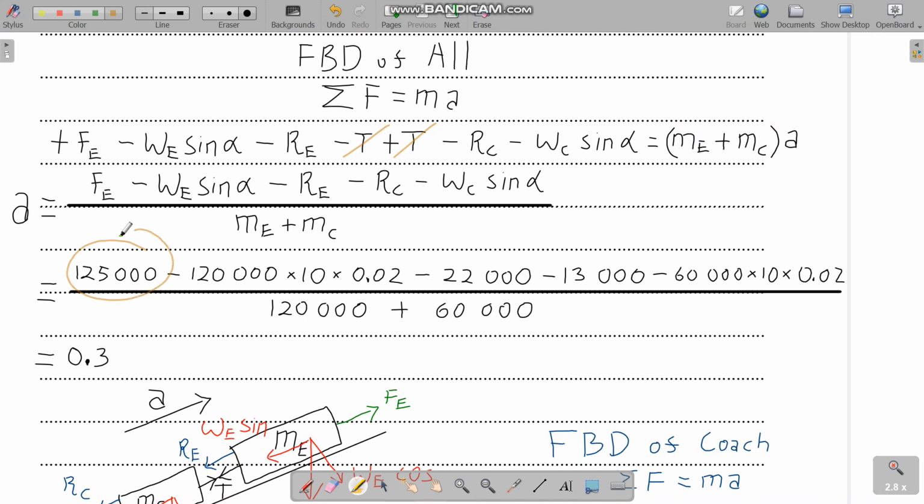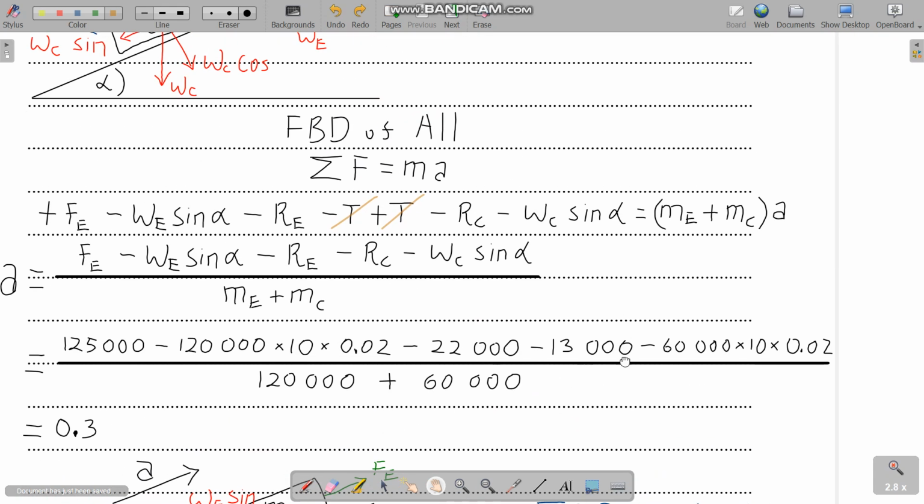The engine force, the W sine, where W is m times g, mass of the engine, gravitational acceleration, the value of sine, resistance force on the engine, resistance force on the coach, and the mass of the coach times g times the sine value, mass of engine, mass of coach. Plug in everything, use a calculator, and we get the acceleration.